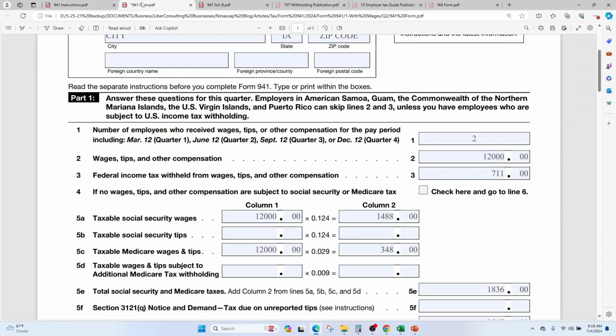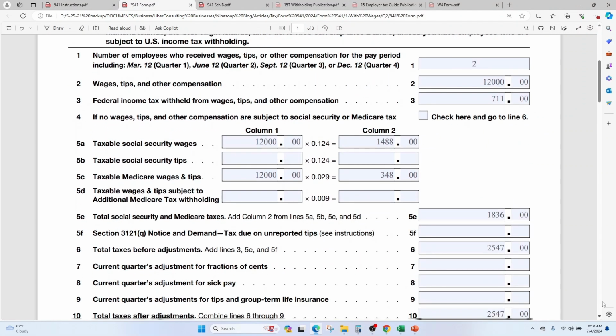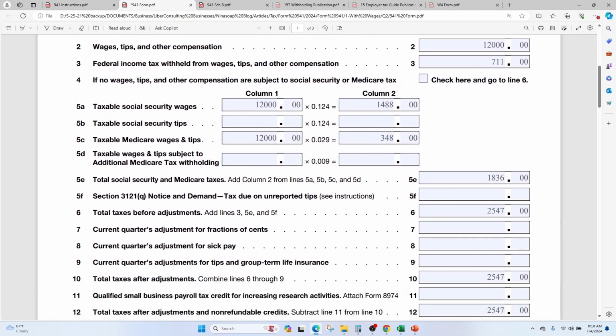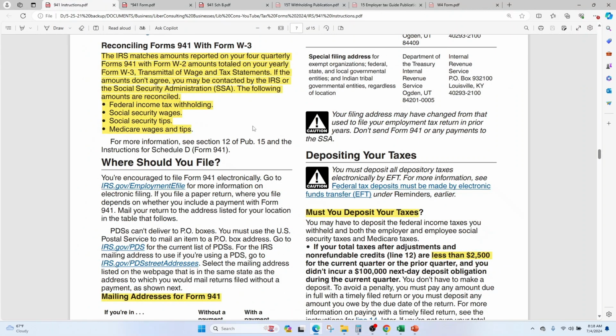You make those adjustments before you submit your W-2 and W-3 to Social Security, and then you mail your quarter 4 Form 941 to the IRS.